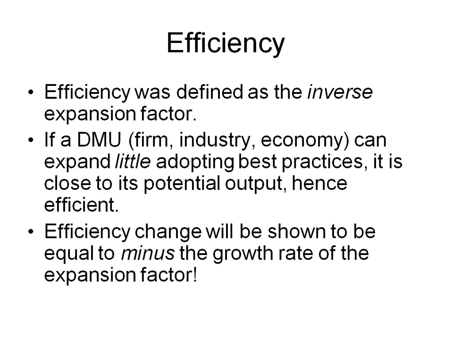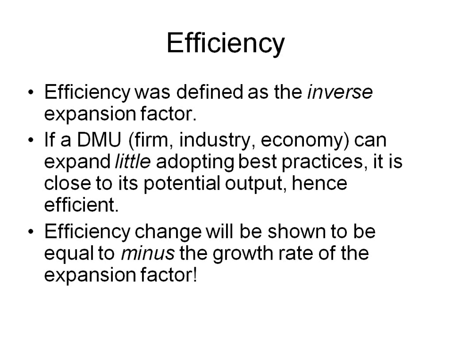So efficiency change will be minus the growth rate of the expansion factor. If the expansion factor of our linear program goes up, it basically means that the potential output relative to the observed output is increasing, right? So a greater expansion factor means that the frontier is running away from your firm.